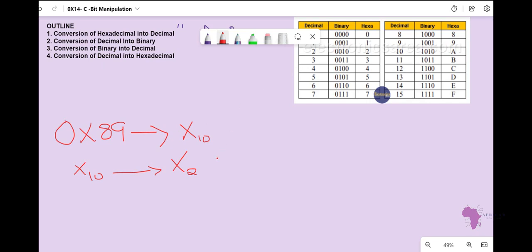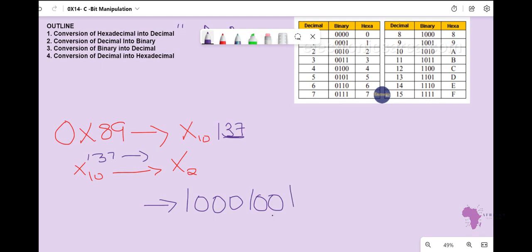Let me just give you. So this one will be 137 if I'm not wrong. Okay, I'm not sure about this. You can check about this. I think this one is 137 in decimal. So assuming that we have 137, you convert it into binary, and you will get a binary value which is like 1000 1001, and that will be in binary form.